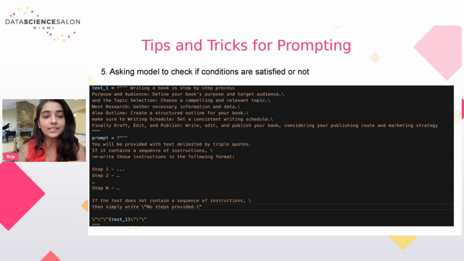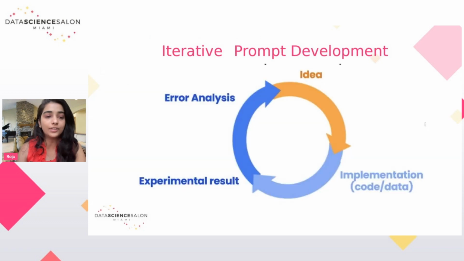Or if the text contains a sequence of instructions, simply produce the output in the step-by-step format that I have given for the above text. So you can check within your prompt whether the question or prompt that you're sending satisfies the given conditions or not. That is another thing that you can validate within your prompt.